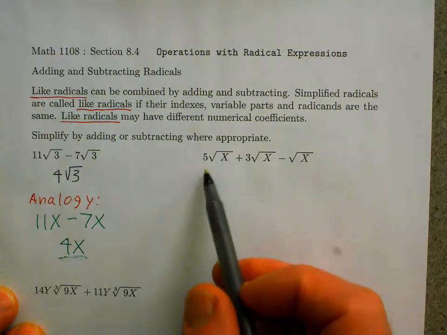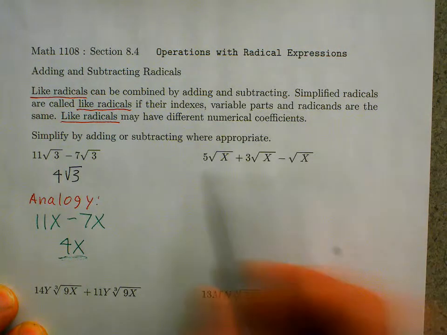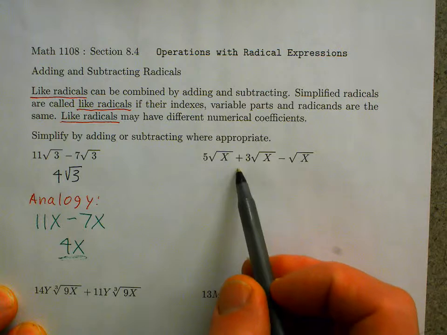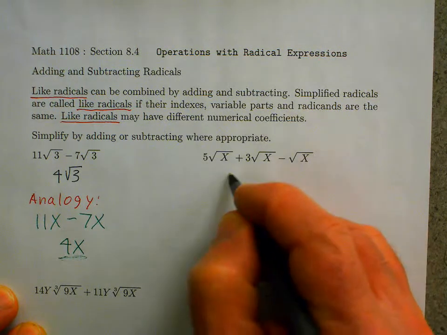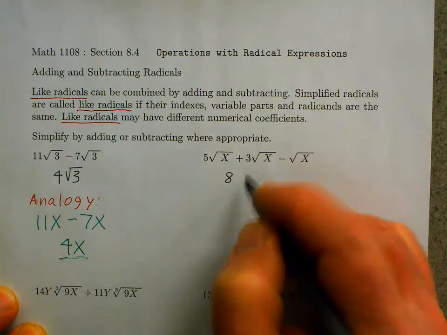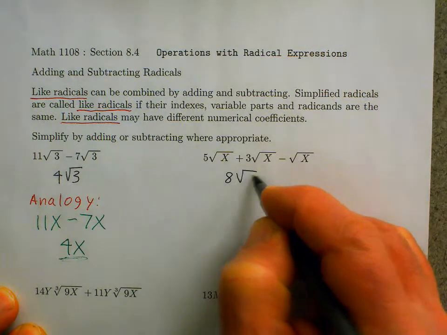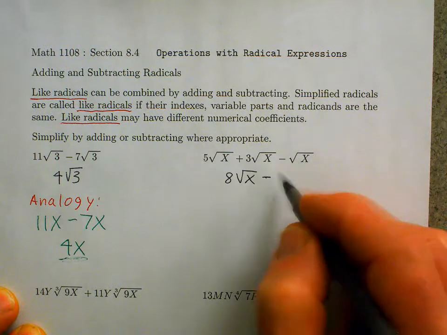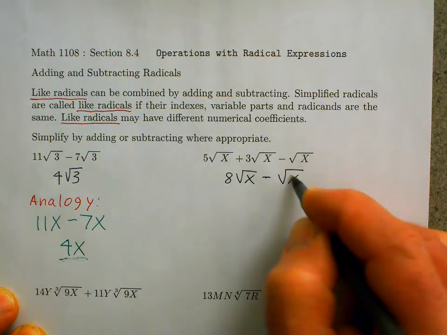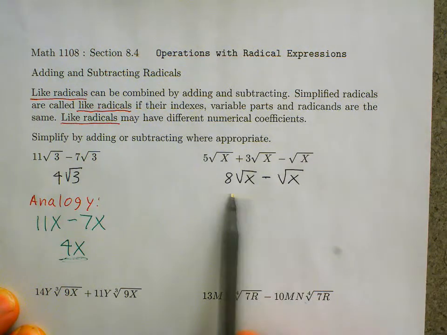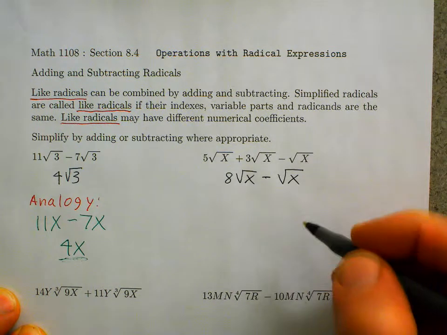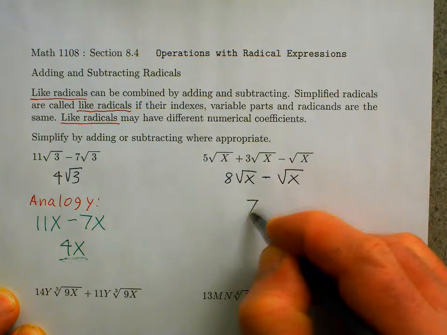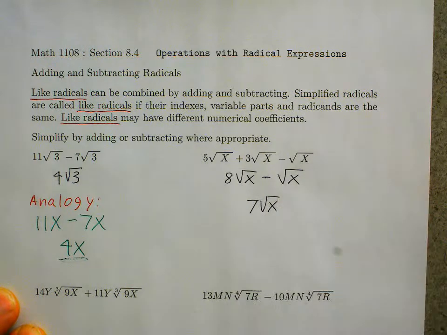So from left to right, if we do this in steps, 5 times the square root of x plus 3 times the square root of x combine to make 8 times the square root of x, from which we are subtracting 1 times the square root of x. And then the final step is to write 7 times the square root of x.